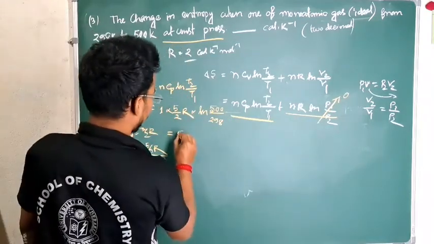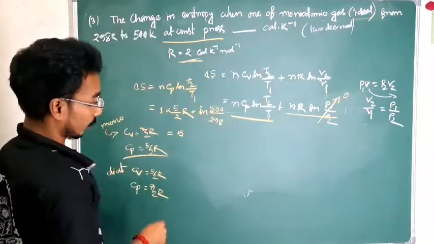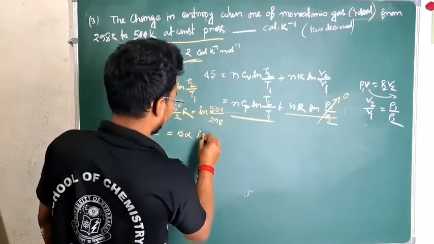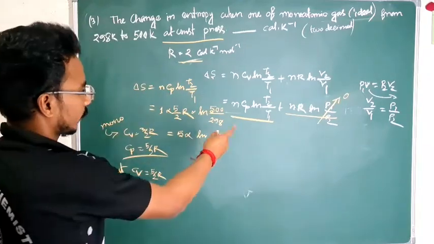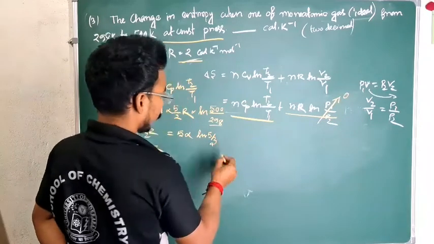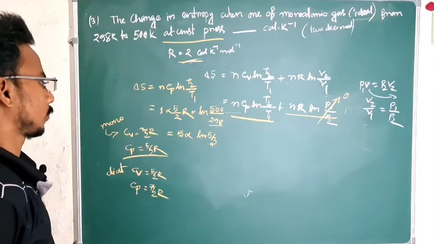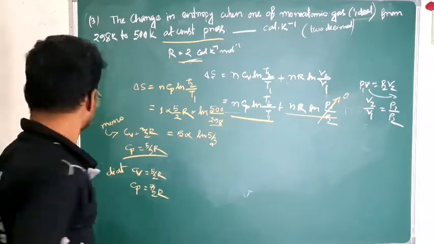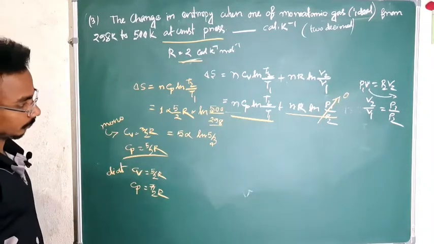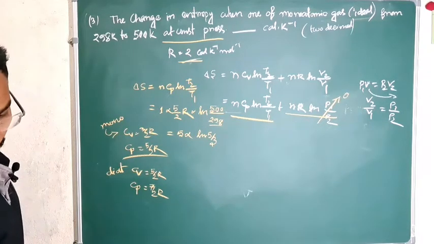So R we already took as 2 calorie, because they want the answer in calorie per Kelvin. So R is equal to 2, means 2 cancels out, into ln, take 298 as 3, so 500 by 300 is 5 by 3, means 1.67 something like that. ln 1.67, let me calculate.